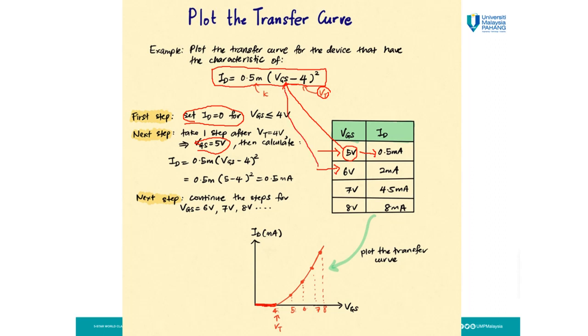Insert it in this equation, and we get 2 milliampere for the ID. The process continues for the next point, 7 volt, and 8 volt gives 8 milliampere. Then you can plot here. You can choose 4 or 5 points to plot this graph.